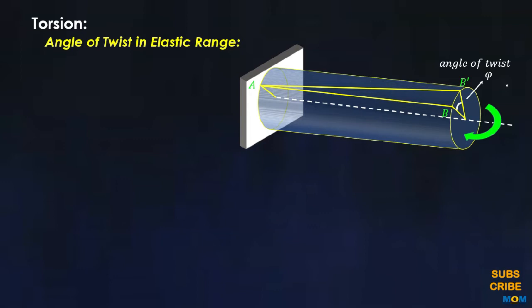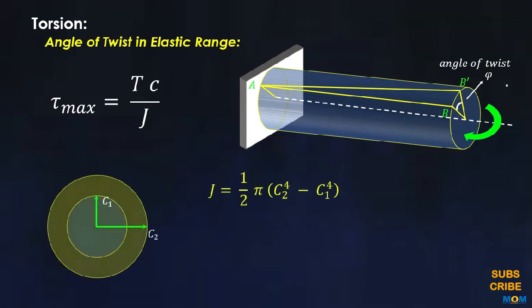Now to determine the angle of twist, we will consider the elastic torsion formula, which we derived in the previous video, that is tau max is equal to Tc upon J, where T is the applied torque, C is the maximum distance from the shaft axis, meaning the radius of the shaft, and J is the polar moment of inertia, which can be calculated by this expression for the case of a hollow shaft, where C2 is the outer radius of the shaft and C1 represents the inner radius of the shaft.